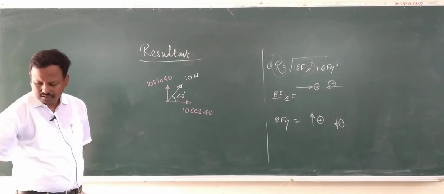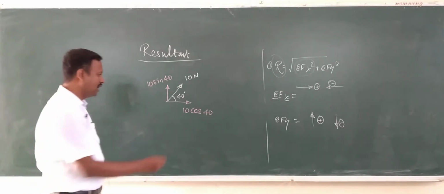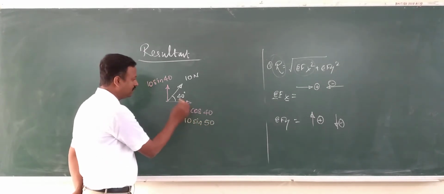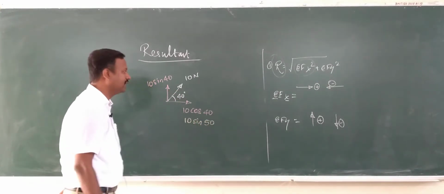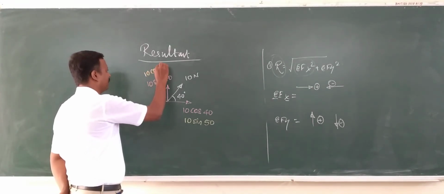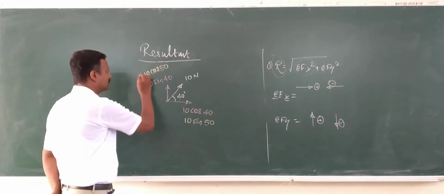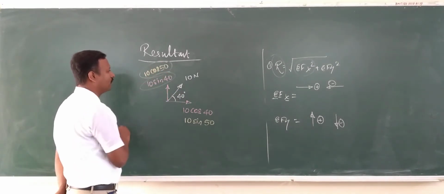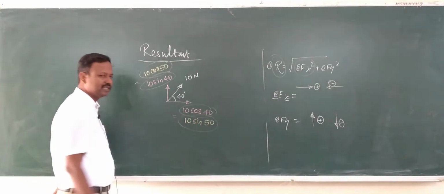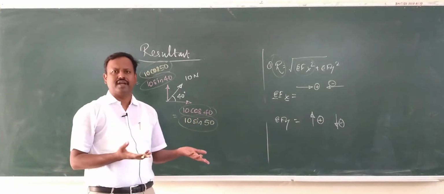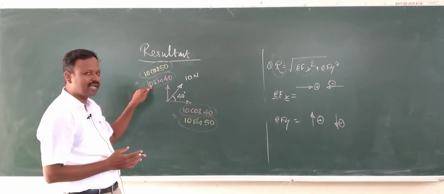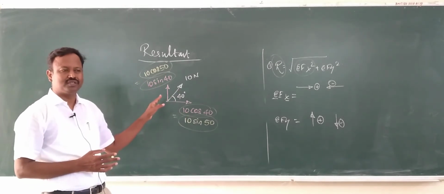In other words, you can treat this also as 10 sin 50, where 50 is the angle with respect to vertical, and similarly this can be treated as 10 cos 50. So 10 cos 50 and 10 sin 40 are the same, and 10 cos 40 and 10 sin 50 are the same. In any way you can treat it. I will take the horizontal component as cos and the vertical component as sin. So this is all about the resolution of forces.